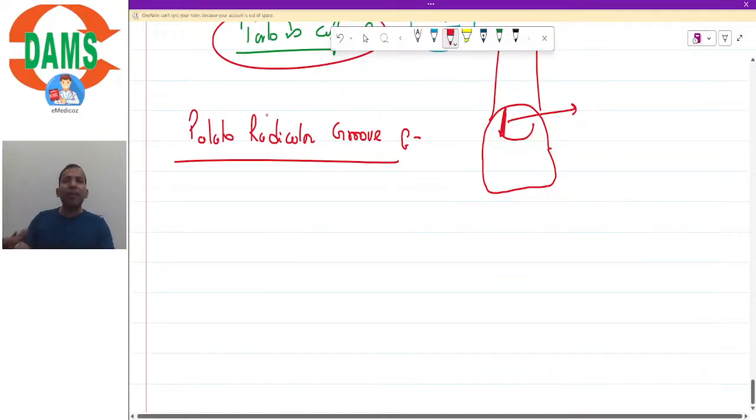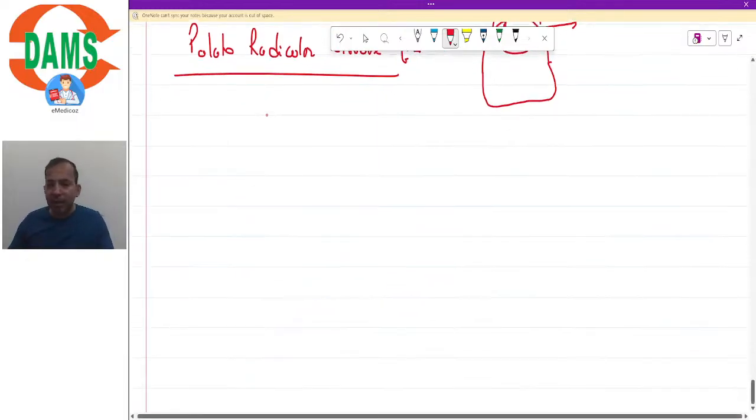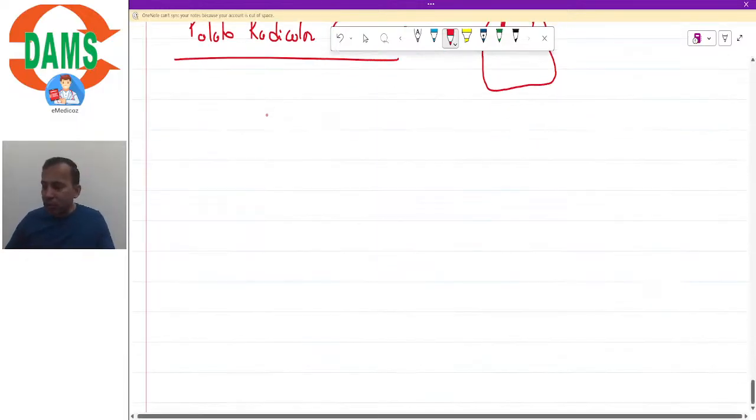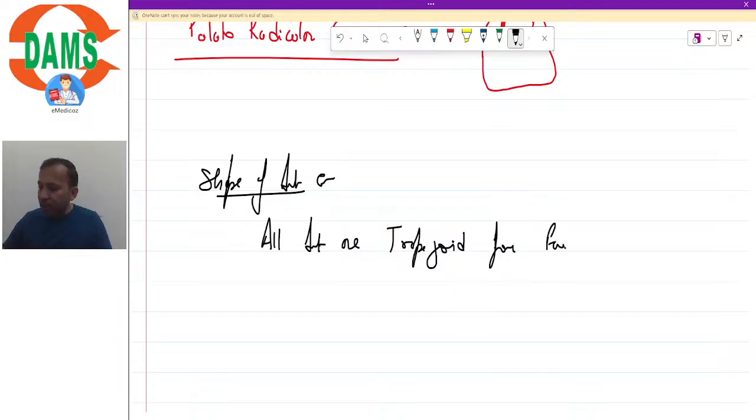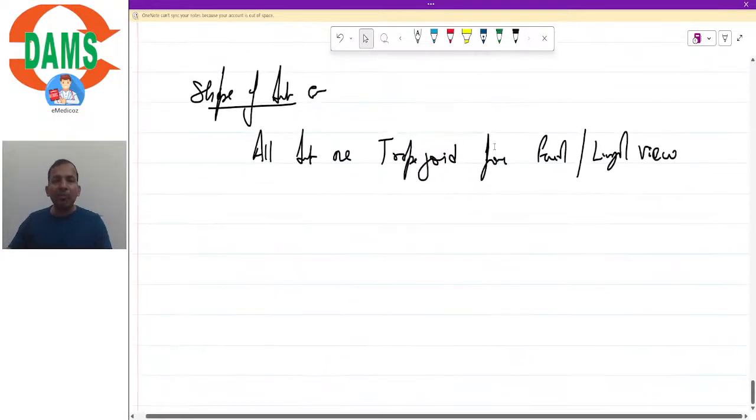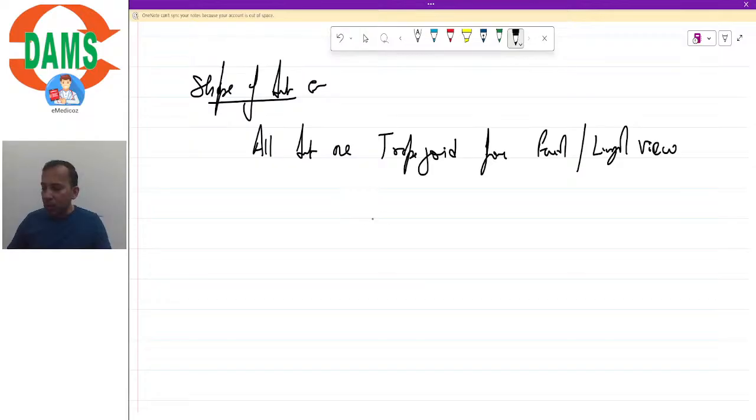Now let's go to their comparative sizes and shape. So how would you classify the shape of the anteriors? Can we say that all anteriors are trapezoid from facial or lingual view? When you look at these anteriors from the facial or from the lingual view, they all appear trapezoid.